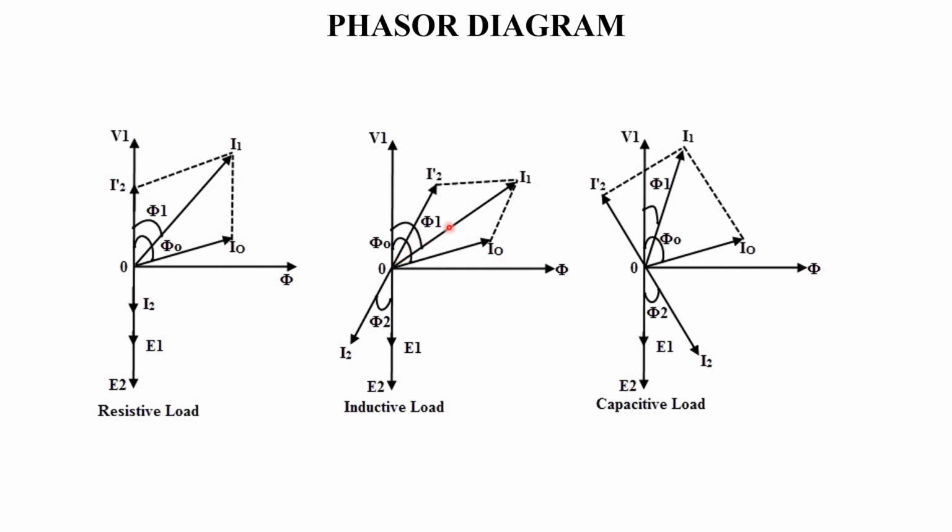So the phasor diagram will be like this for an inductive load. And for a capacitive load, the current I2 will lead E2 by phi 2 degrees. So all these things are drawn here. I1 will be the vector sum of I2 dash and I0. So it will be like this.